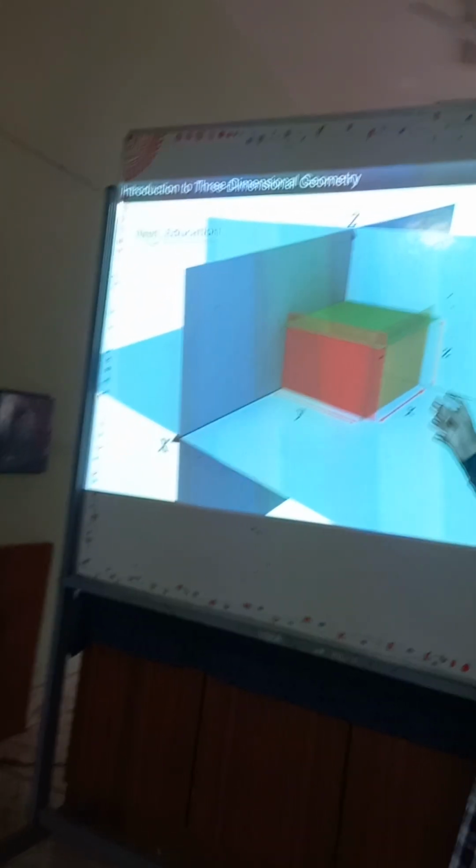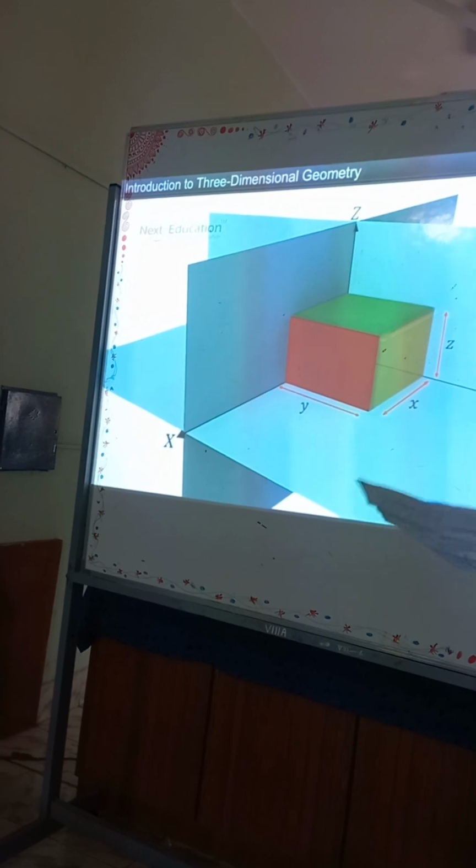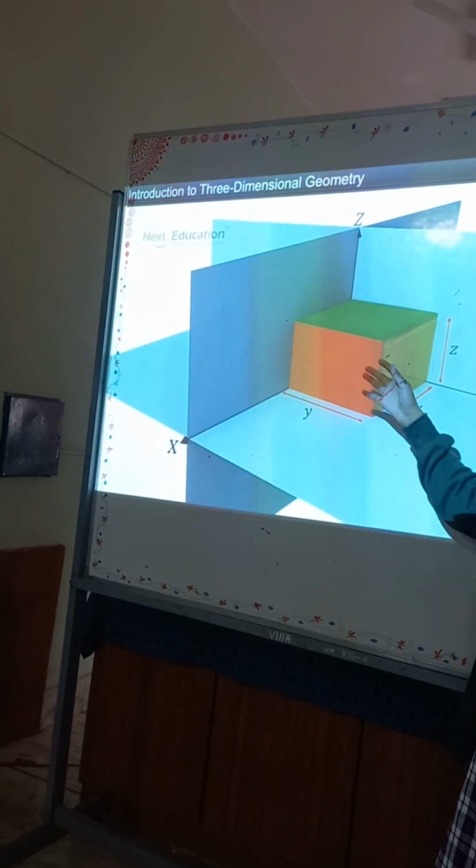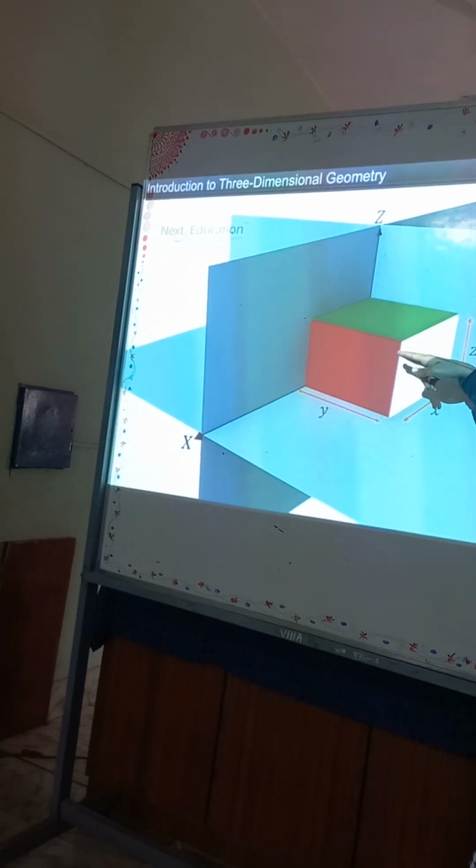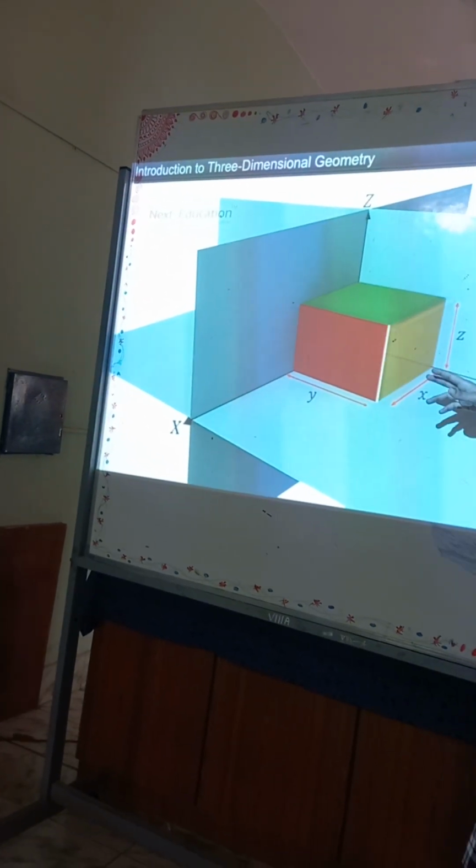Now the planes parallel to the zy plane and zx plane intersect each other to form a straight line which is parallel to the z axis.